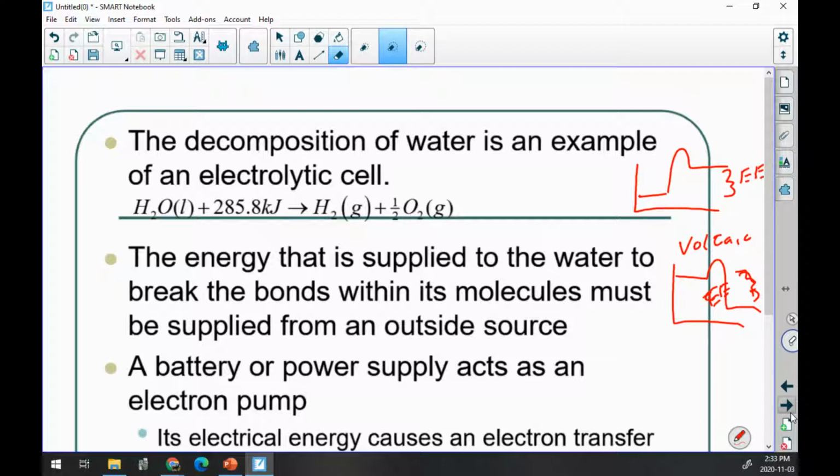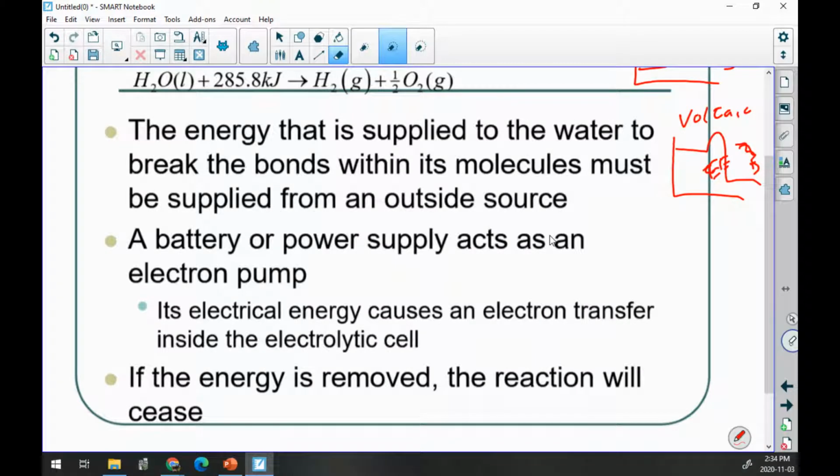Now the products have more energy stored than the reactants did in an electrolytic cell. The only way that we can force that is to use a battery or some type of an electron pump or power supply.